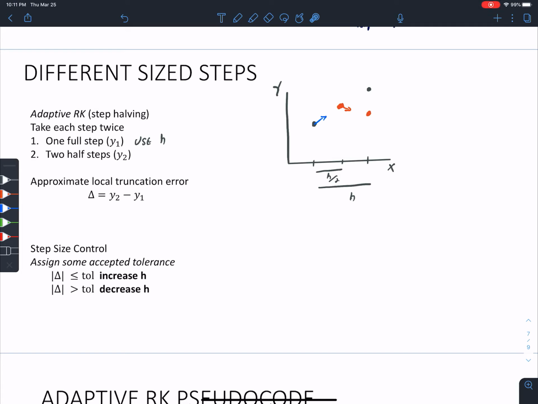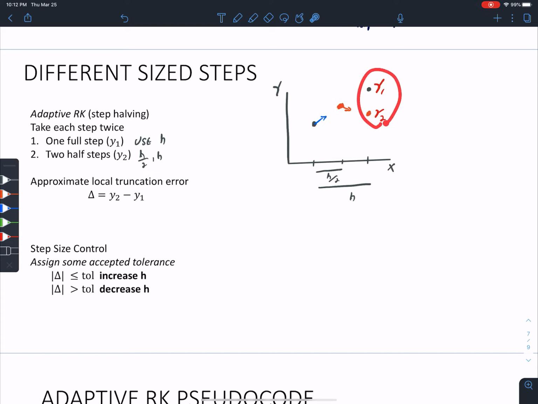And so in this case, this would be my y1 using a full time step, and I use two half steps, right? So it's effectively using a step at h over 2 and at h, right? So I computed two numbers here. The first number using a full time step, sort of being lazy, I didn't want to compute too much, I just took a large time step. And this other one, I took two smaller steps to get there.